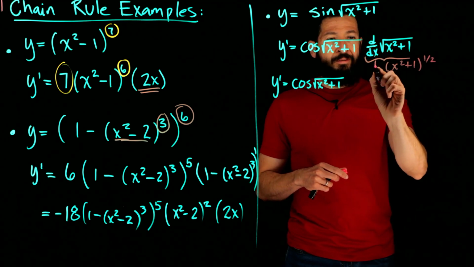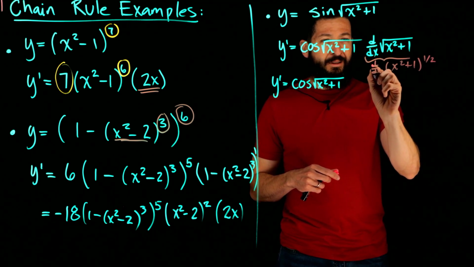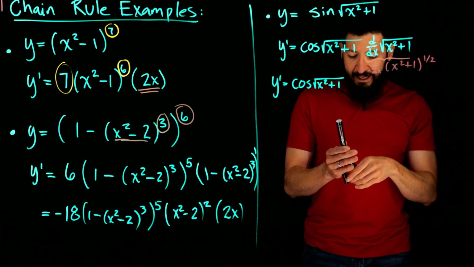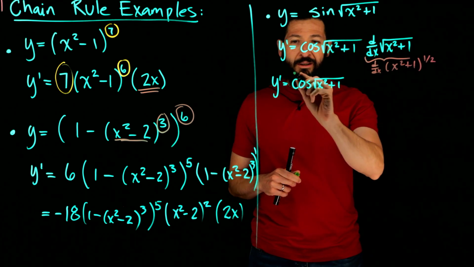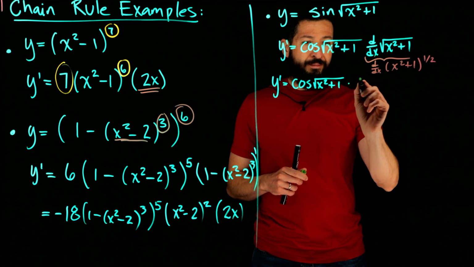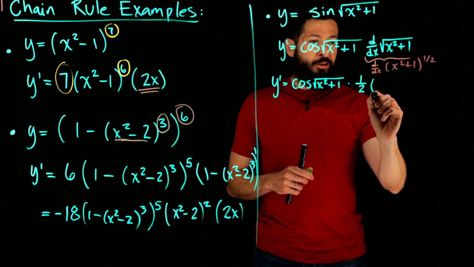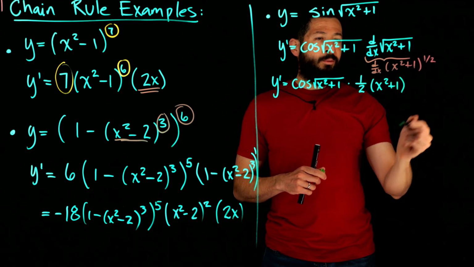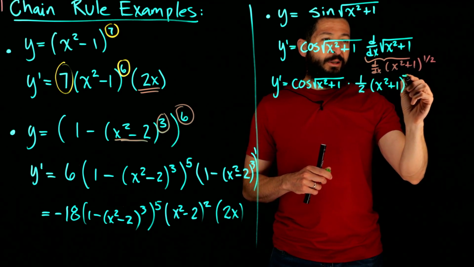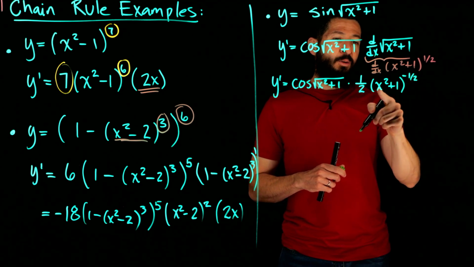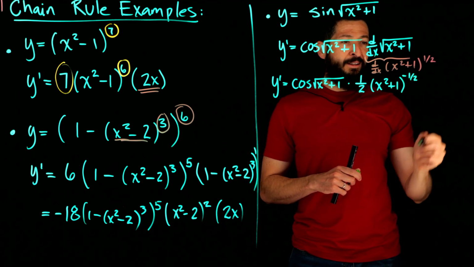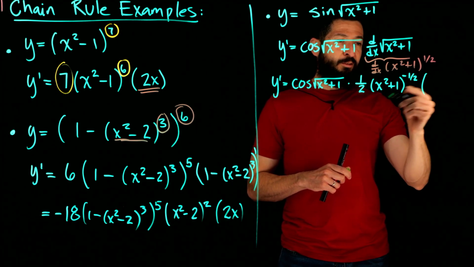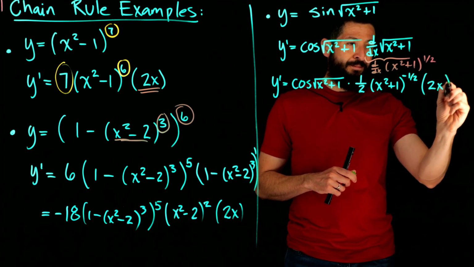All right, so when you're taking that derivative, you see a 1/2 is going to come down. So let's put it here. You're going to copy the inside, subtract 1 from 1/2. 1/2 minus 1 is going to be negative 1/2. And you're going to multiply times the derivative of the inside, which in this case we can compute right away because it's just going to be 2x plus 0, so just 2x.